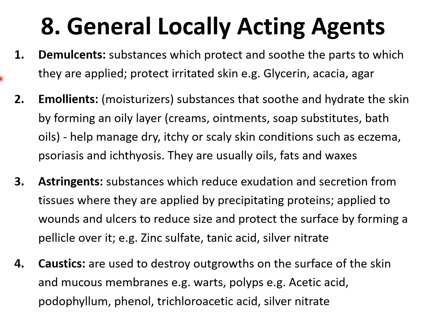Now, moving on to a whole different group of agents that do not have really active agents in them, but they have some effects on the skin resulting from their physical properties. For example, demulcents are substances which protect and soothe the parts to which they are applied.